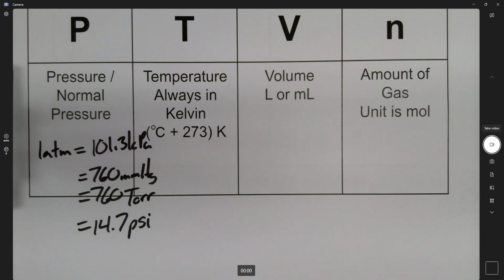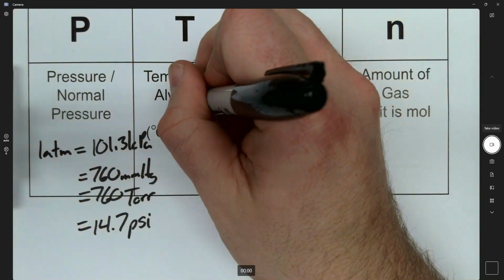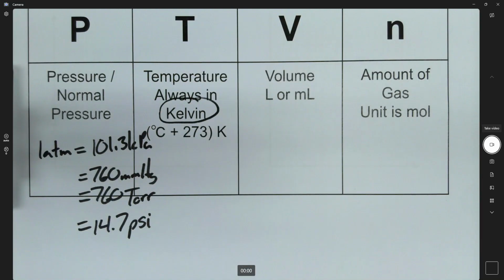Sir, are you okay? I was breathing bad. I'm sorry to hear that. I'm not good today. What does the K stand for? The word Kelvin. Kelvin Klein. Not Kelvin Klein.